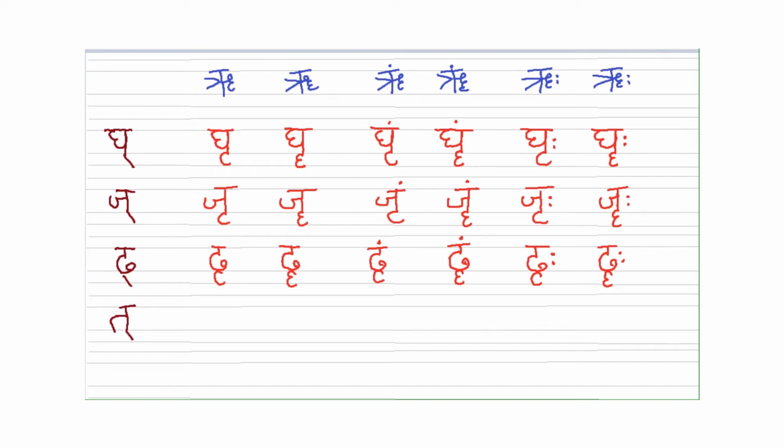So this is ta. And now we will do tr, trum, trh.